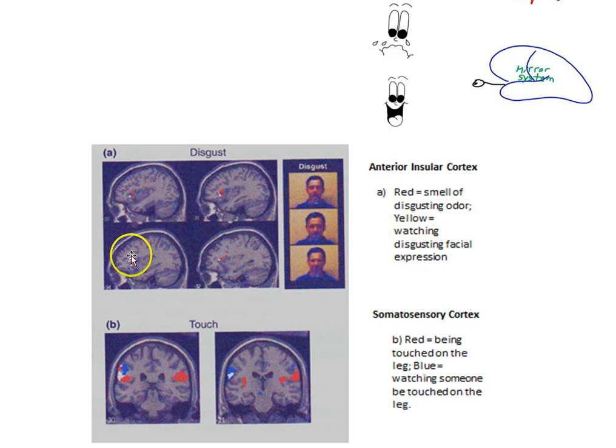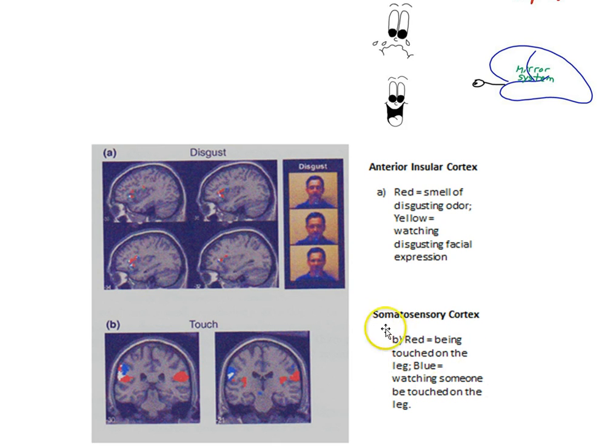Notice there's overlap in the regions of the brain that are activated. So again, the idea is that the mirror system is responsible for activating the disgust part of the brain when we are witnessing somebody's emotional expression of disgust. That same part of the brain is the one activated when we ourselves are experiencing a disgusting stimulus.